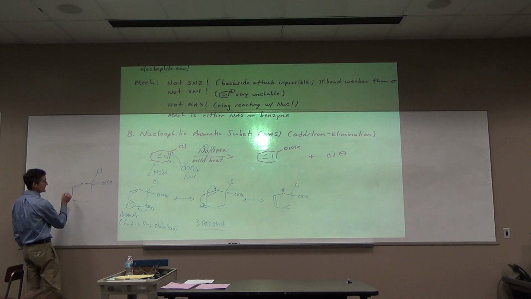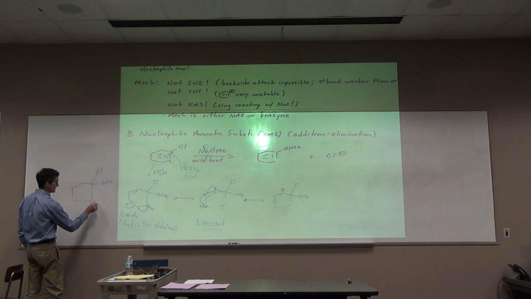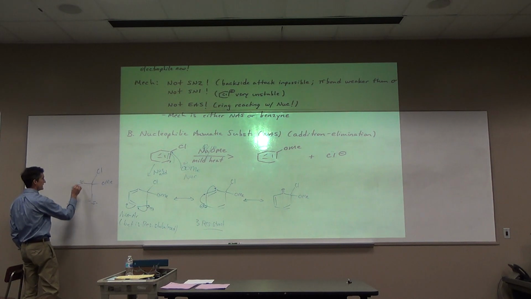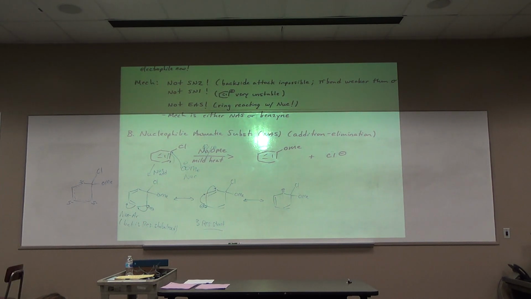Double bond character here, here, here, here. Partial minus, partial minus, partial minus. Does that look like the hybrid? See, electrons are kind of smeared all through there. That's the average.